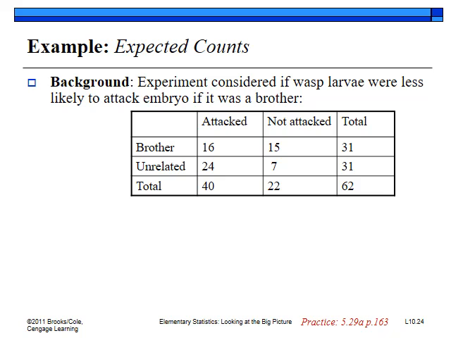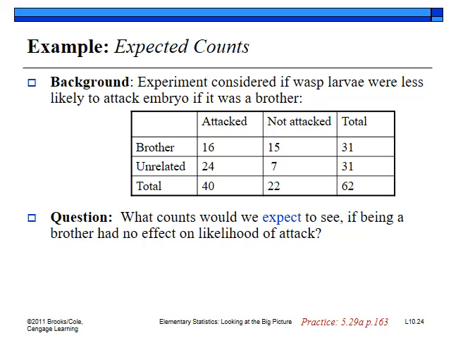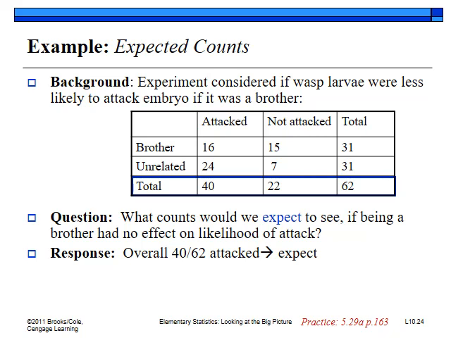So in the wasp example, what would the expected counts be? Well, when we're creating the table of expected counts, what we're looking at is what would the counts be if there were absolutely no relationship between the two variables? Overall, 40 out of the 62 get attacked.